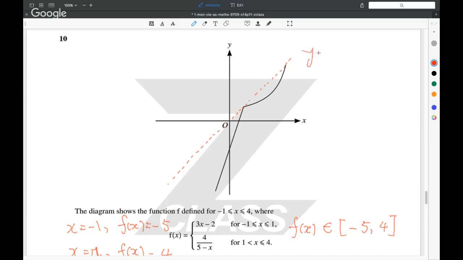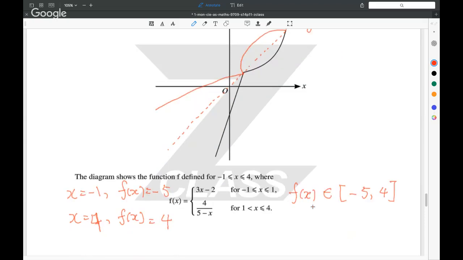So this is the line y equals x. Then you have to reflect the function in the line y equals x. That will be something like that. And this is how you draw the inverse function.